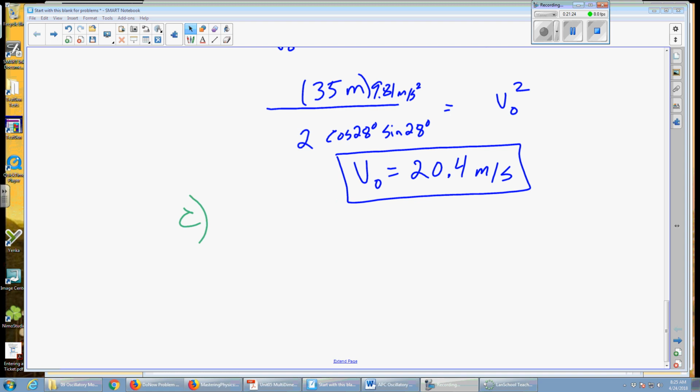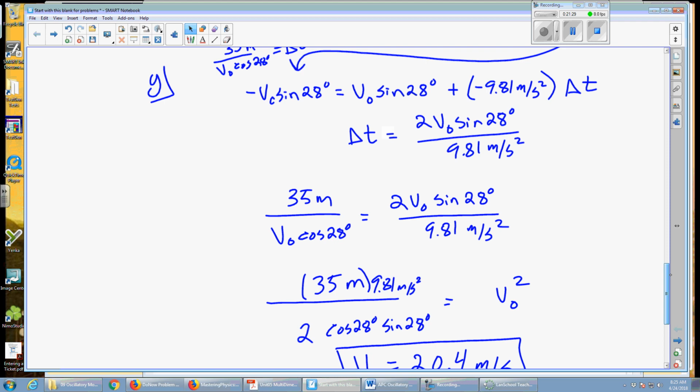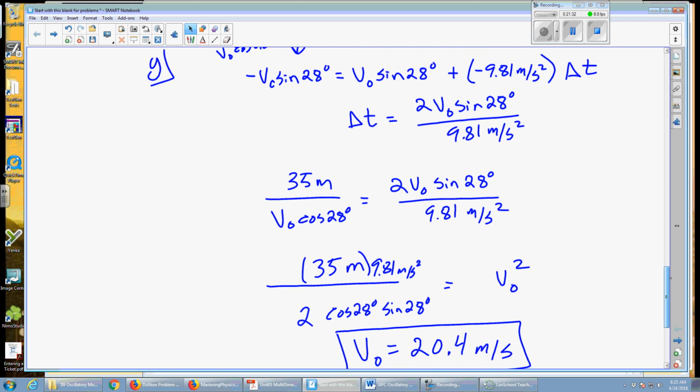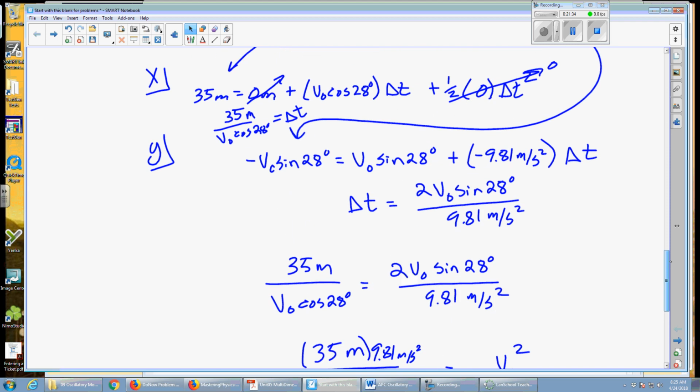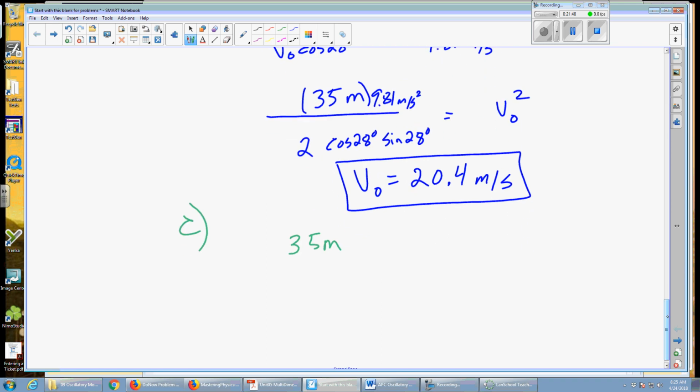Alright, part C, they want to know the time of flight for the bullet pass. So what you can just do is substitute in either of your expressions for delta t and figure it out. I'm going to use the x one just because it's easier. I had that 35 meters over v naught cosine 28 degrees equals delta t.